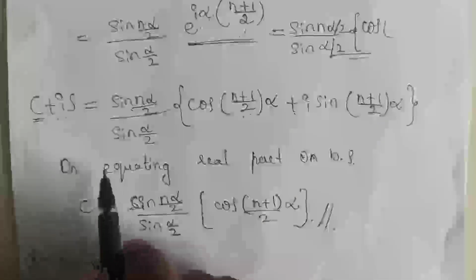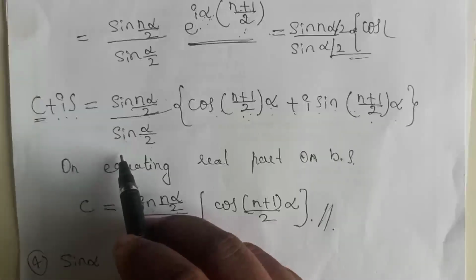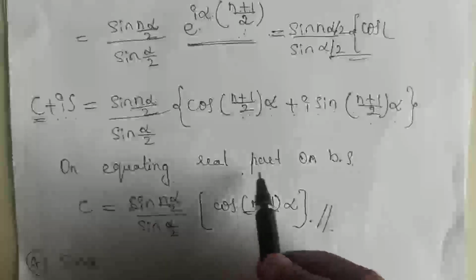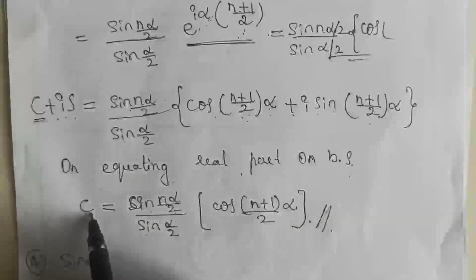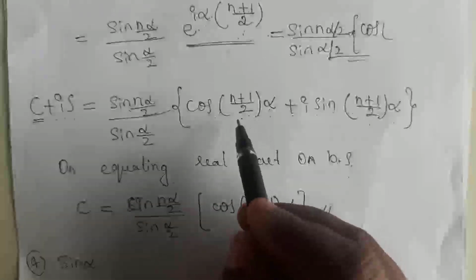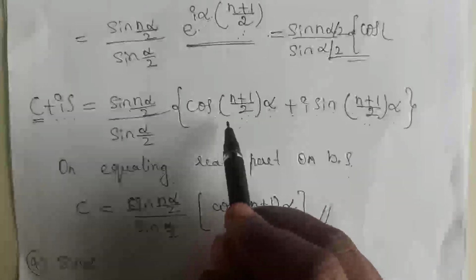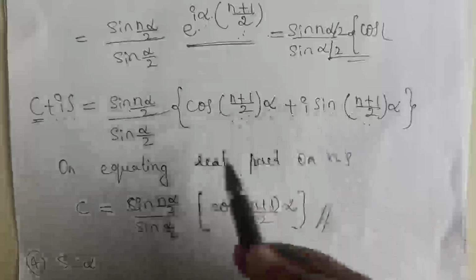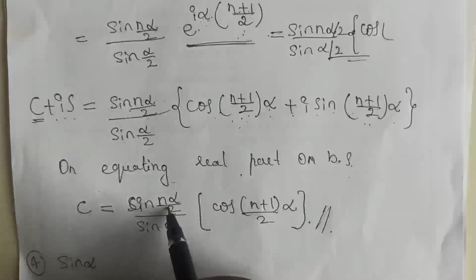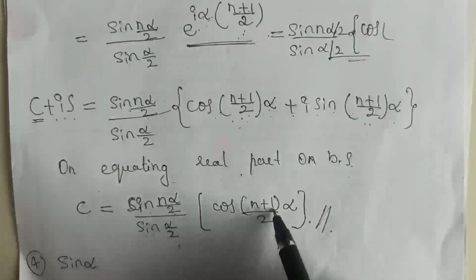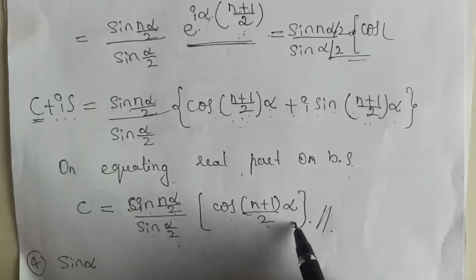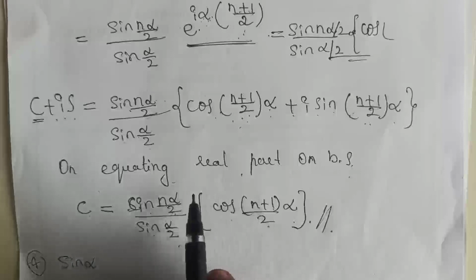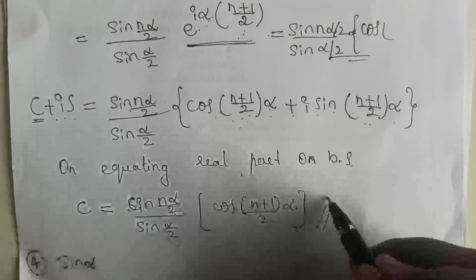Now, the given series is a cosine series, therefore on equating real parts on both sides, we get C equals sin n alpha divided by 2 whole divided by sin alpha divided by 2 into cos of n plus 1 divided by 2 alpha. This term is common for both the real and imaginary part.